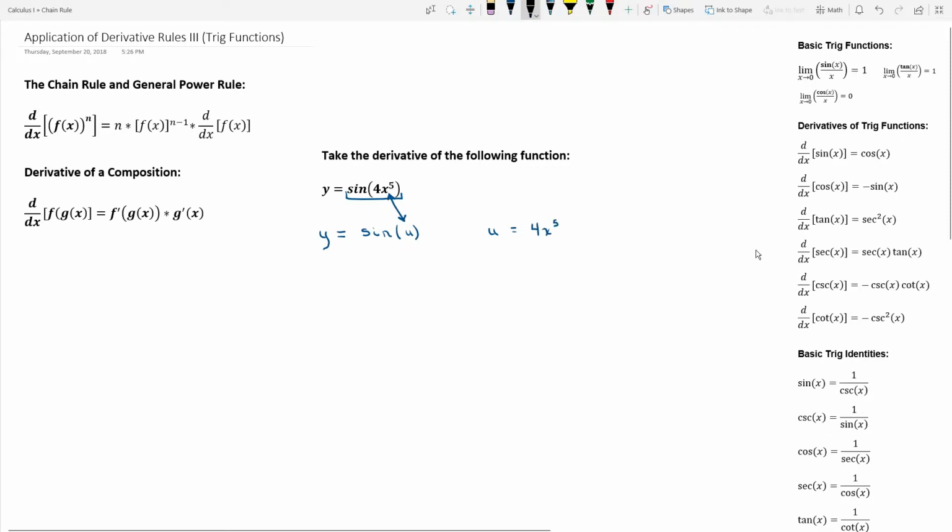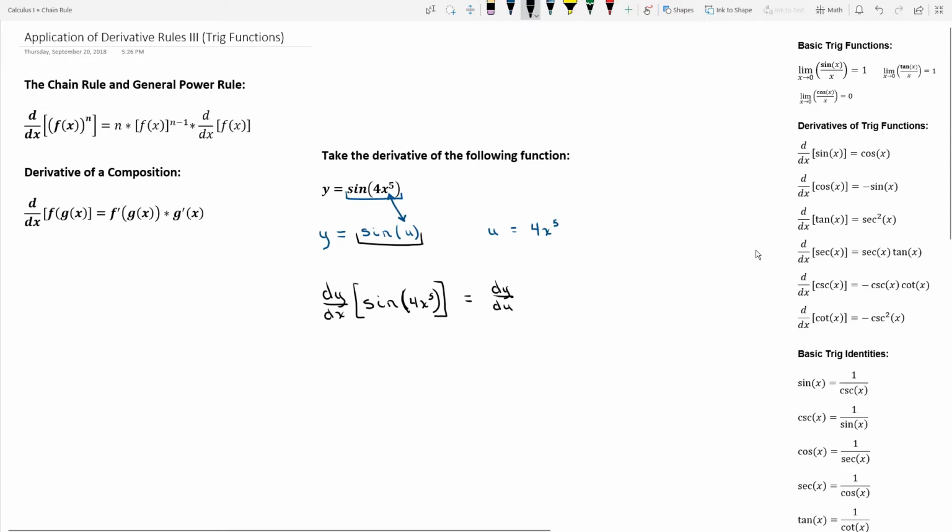So from that, we can begin by saying that the derivative of y with respect to x for sine of 4x to the fifth is going to be equal to, well, what is the derivative of y with respect to u? That's this.